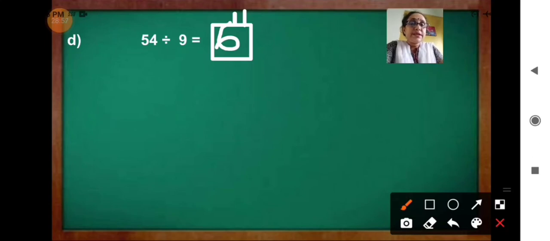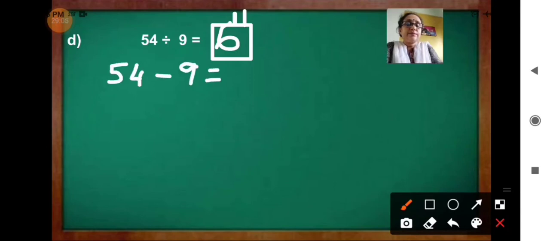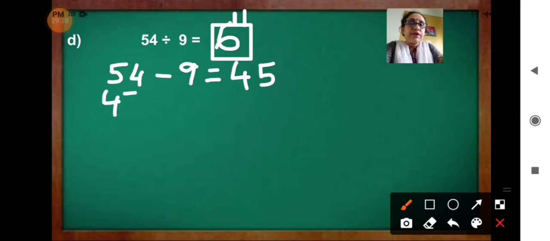Now, what is the next step? What I will write? Tell me. 54 minus 9. So, subtract. Do the rough work. Tell me what I should write here after subtracting. 45. Now, next step. 45 minus 9. 36. Do the subtraction properly. Don't be in hurry.